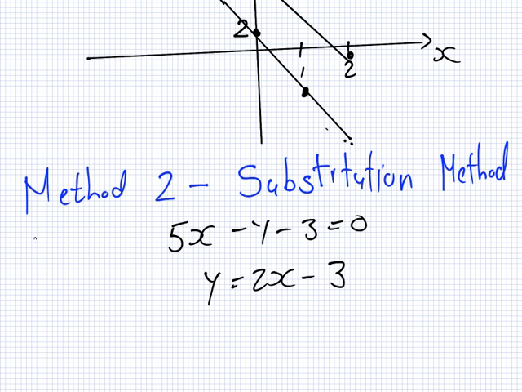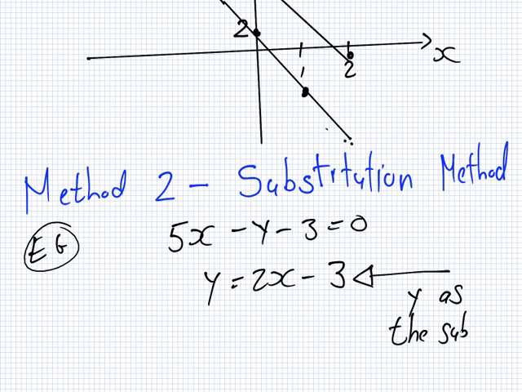Right, so if we can write this example down, I'll show you what the substitution method is. For the substitution method, your goal is to get y equals for one of them. In this example I made it a little bit easier for you because you already have what you want here. You have y as the subject.